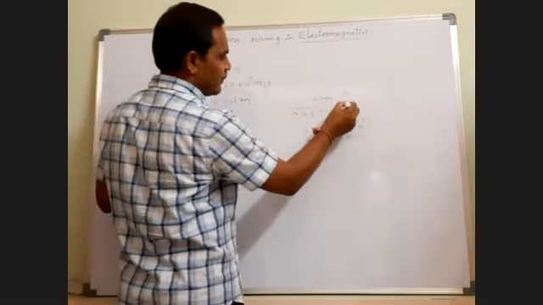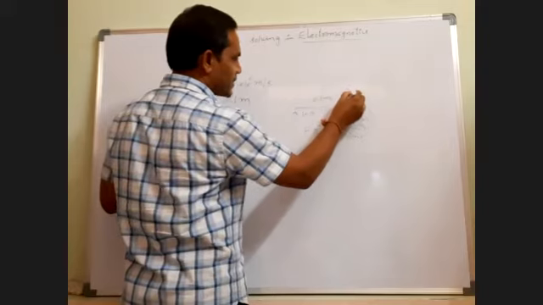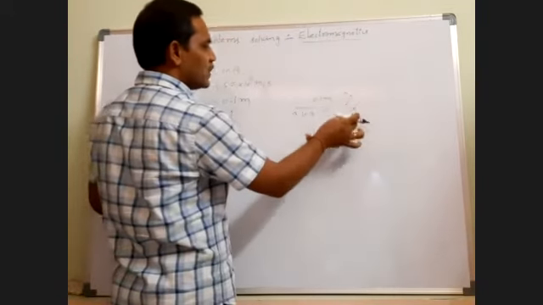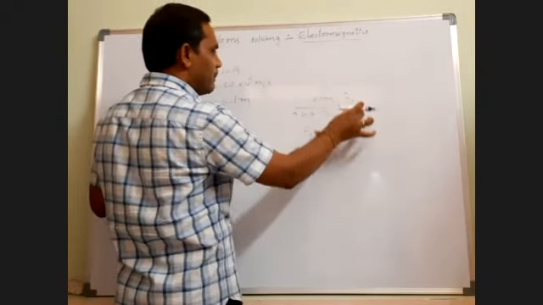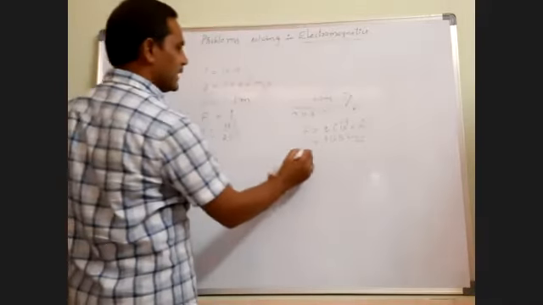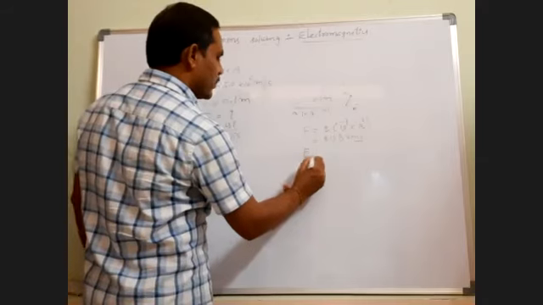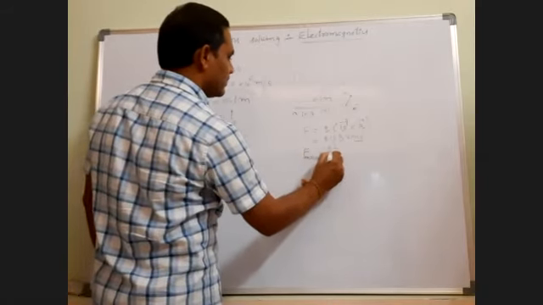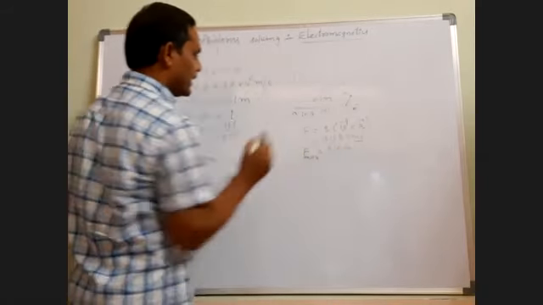Here the charged particle is moving perpendicular to the magnetic field, theta equal to 90 degrees. Then it will experience the maximum force, F maximum equals QVB.